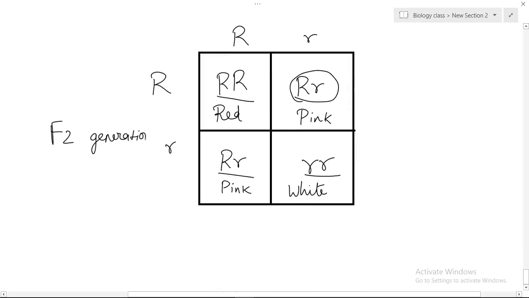In the F2 generation, let's write the phenotypic ratio. So what do you see?